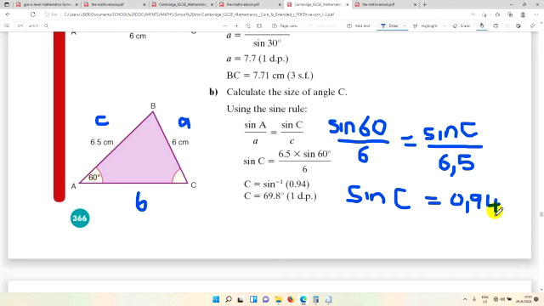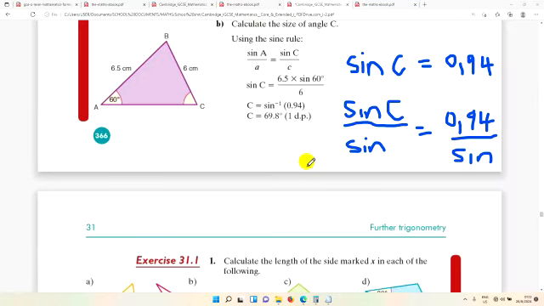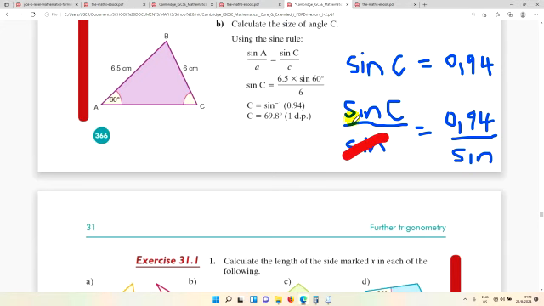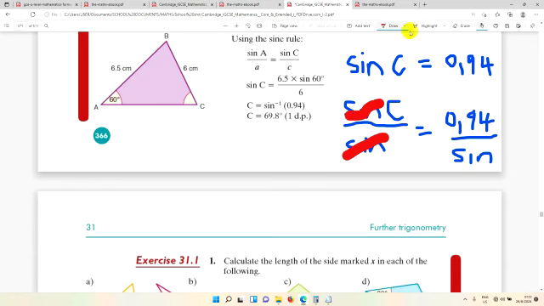we divide both sides by sine. So C is equal to 0.94 over sine, which means sine to the power minus 1, so we can easily write it as sine to the power minus 1 of 0.94.